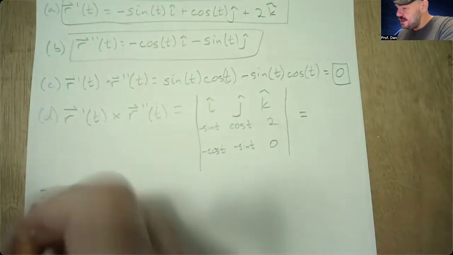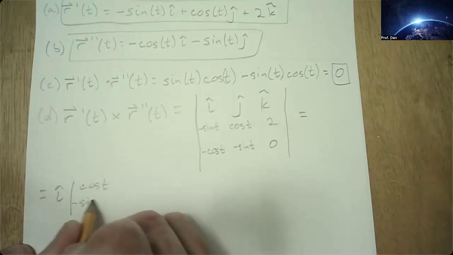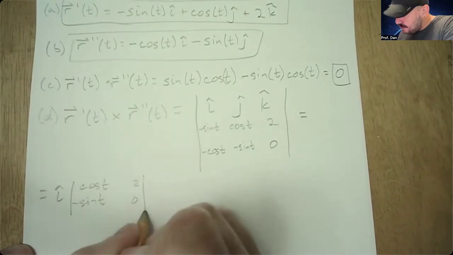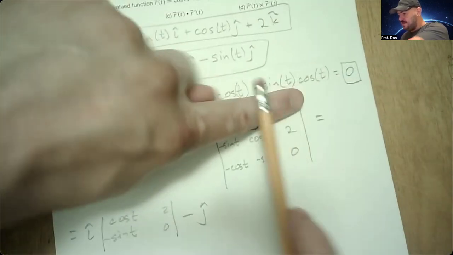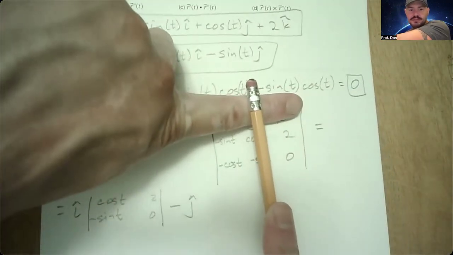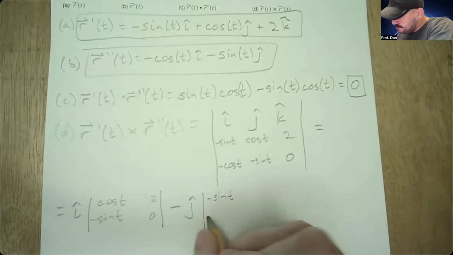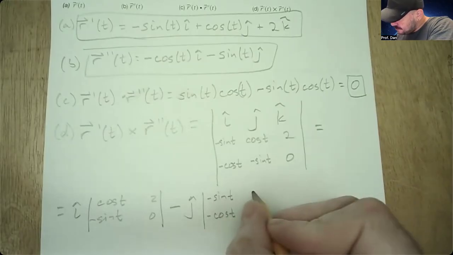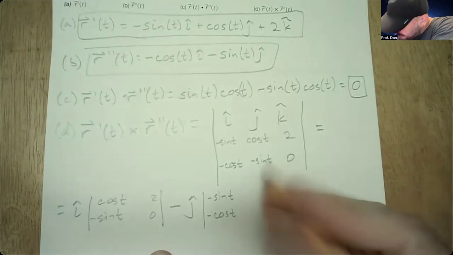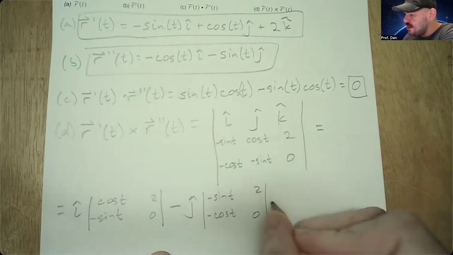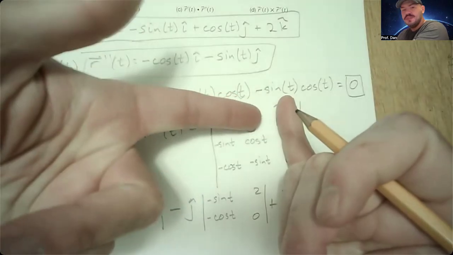So we get i times this determinant, minus j times this determinant, two zero. Okay. And then plus k times this determinant.